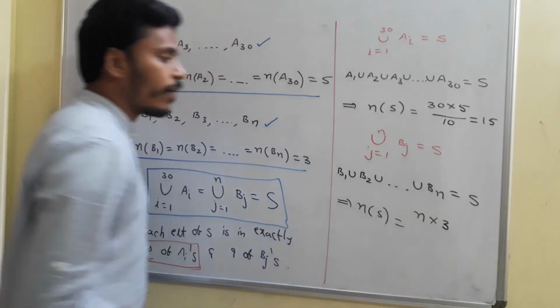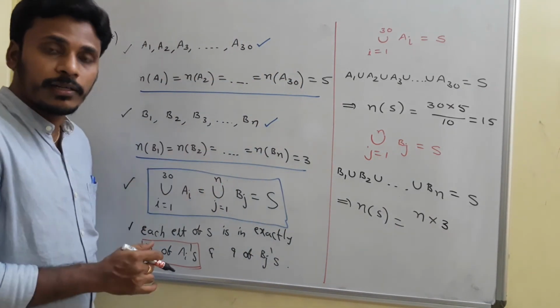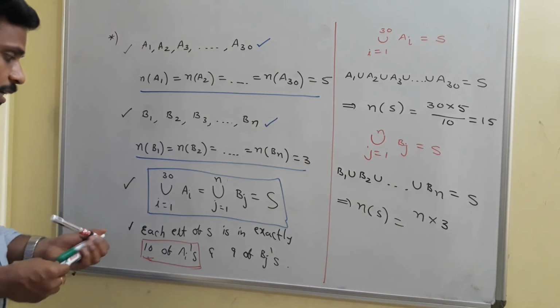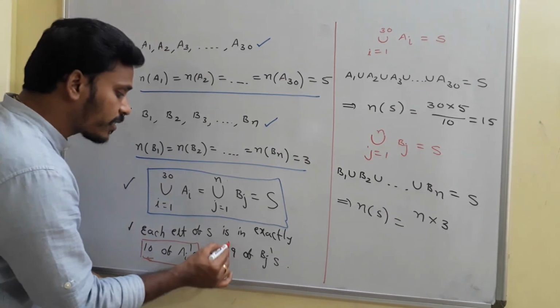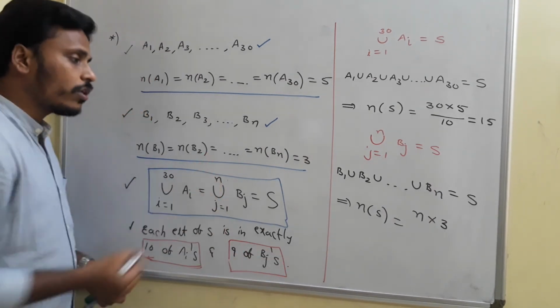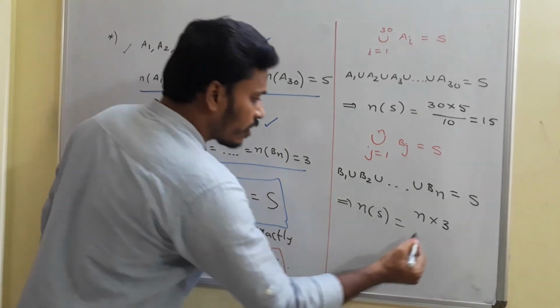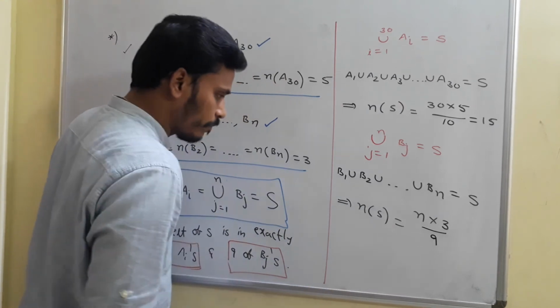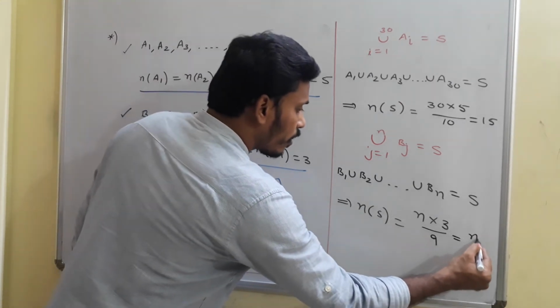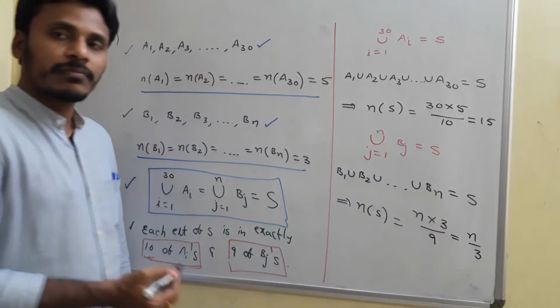So if all are different, then for sure you will get 3n elements. But they mentioned that each element of S is in exactly 9 of the bj's. So each element is repeated 9 times. So the number of elements is n into 3 by 9, and that is simply n by 3.